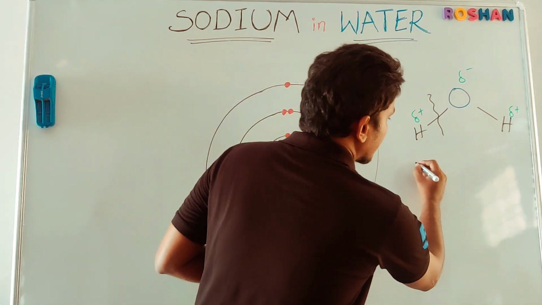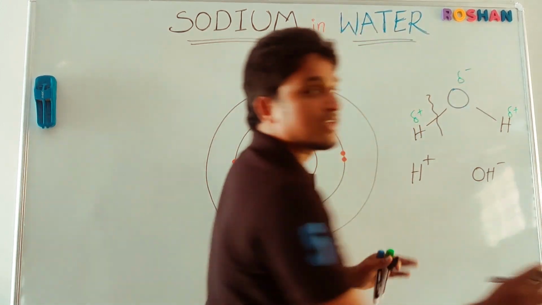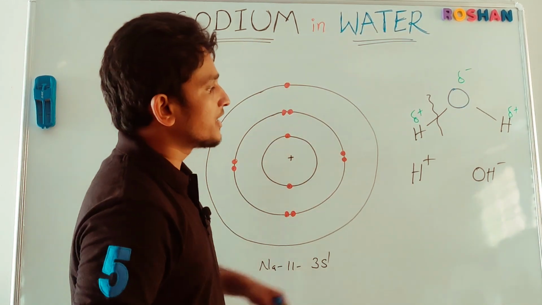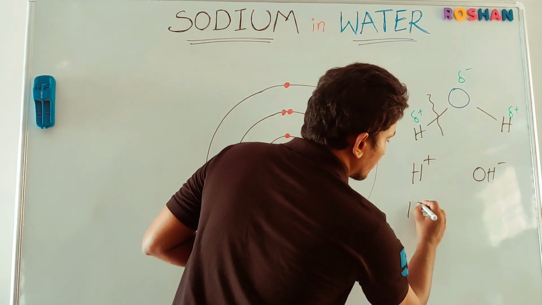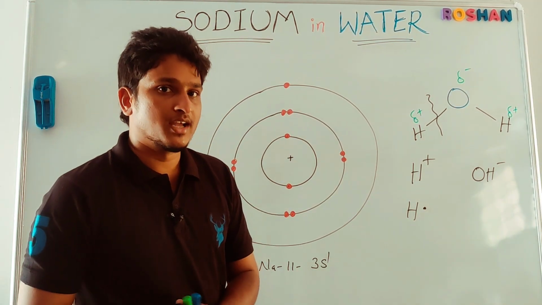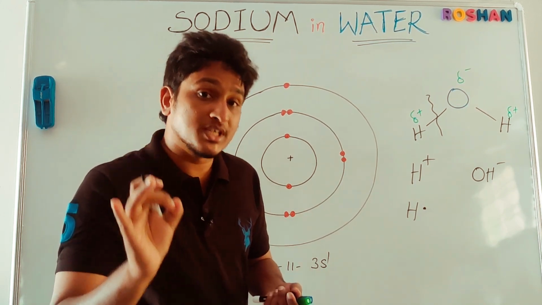The resulting particles are H plus ions and OH minus ions, a positive ion and a negative ion. This electron is gained by the hydrogen to form a hydrogen atom, which is called a free radical. And these free radicals combine to produce hydrogen gas.